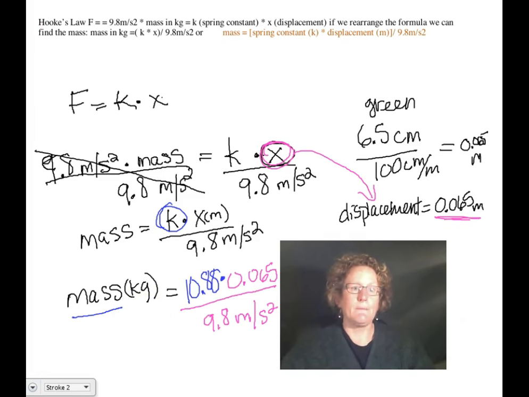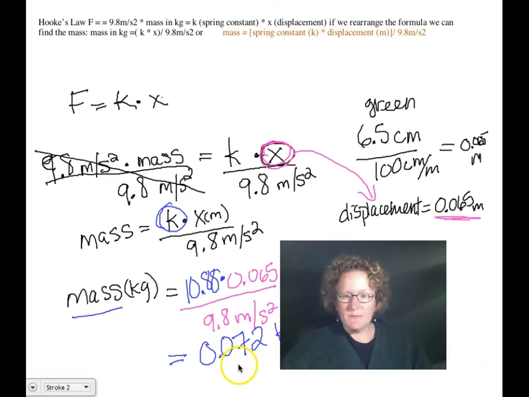When I put all the numbers into my calculator, I get 0.072 kilograms, which makes sense because if I multiply that by 1,000, I get 72 grams, which if you compare it to the 50-gram mass on spring 1 and you look at what the displacement is for the 50-gram mass and the size of the green mass versus the size of the 50-gram mass, that kind of makes sense when you put it in context.